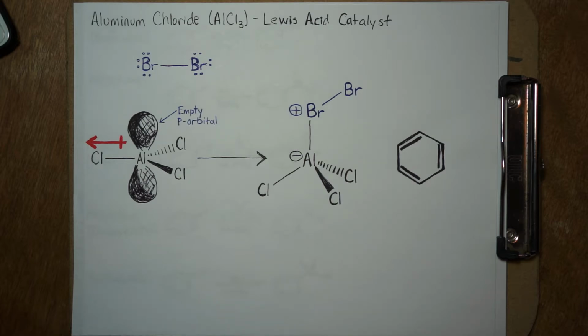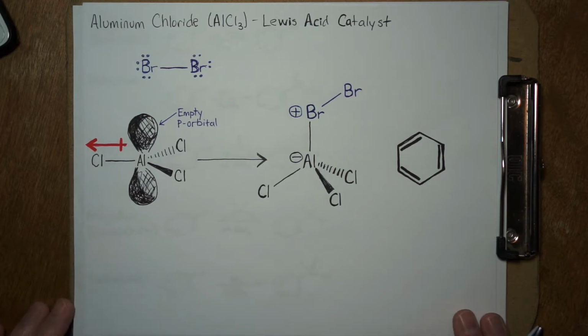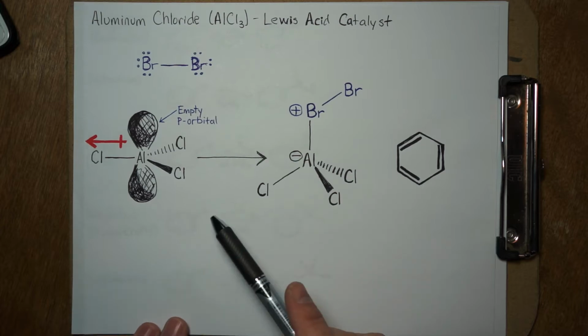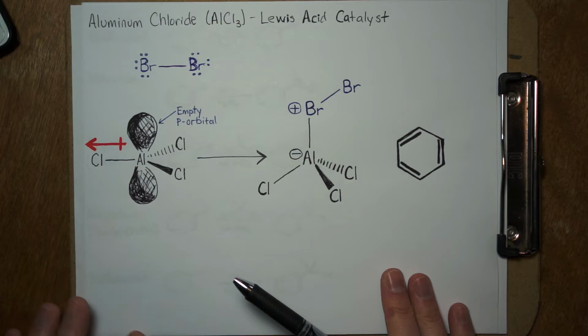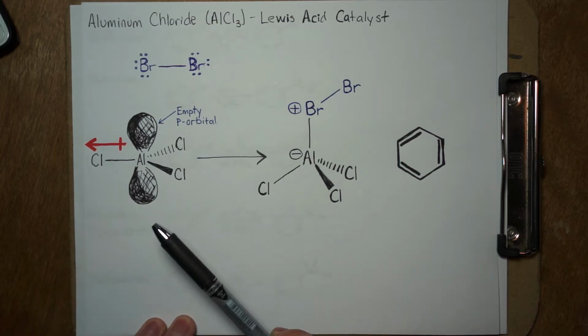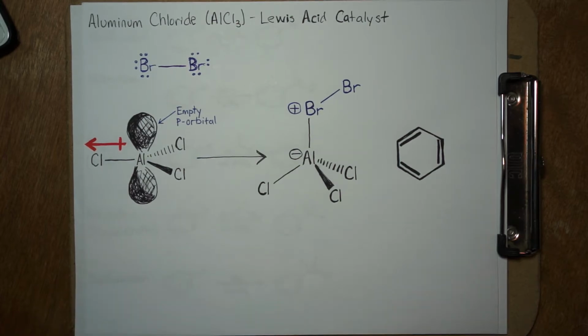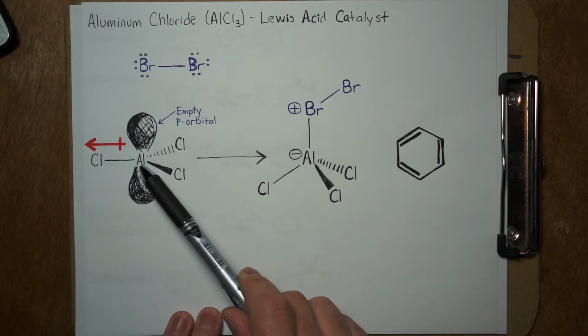The structure of something, and the atoms it's composed of, is going to determine the function of that substance. So in this figure, what I've drawn is aluminum trichloride. Aluminum trichloride is a Lewis acid catalyst, meaning it's an electron acceptor, something that wants electrons.